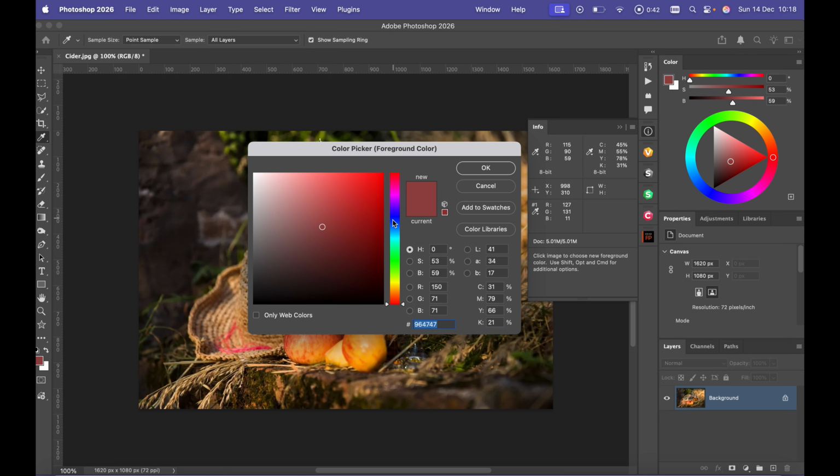The slider here represents hue. So if I move my slider here, you can see it changing through red, orange, green, blue, purple, and back to red again. So it's kind of circular in that sense, but you're representing all of the colours that Adobe Photoshop supports here.